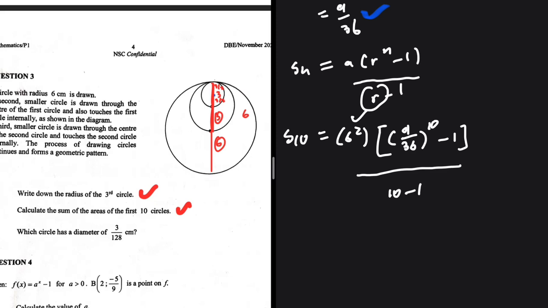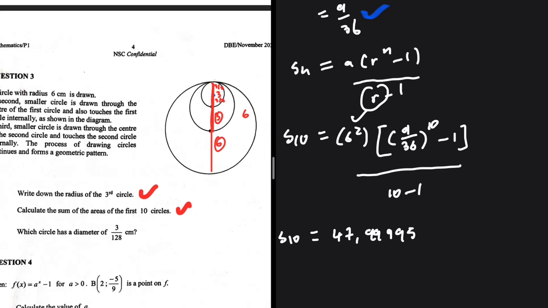So r is 9 over 36, and then we subtract 1, and then the answer is 47.99995. So S10 is 47.99995.